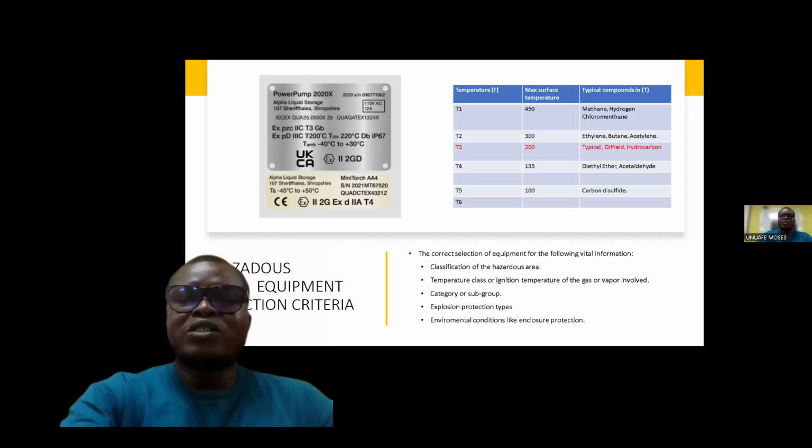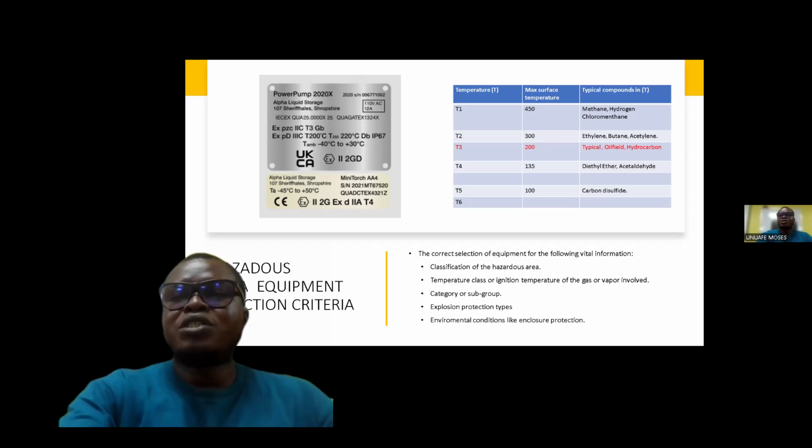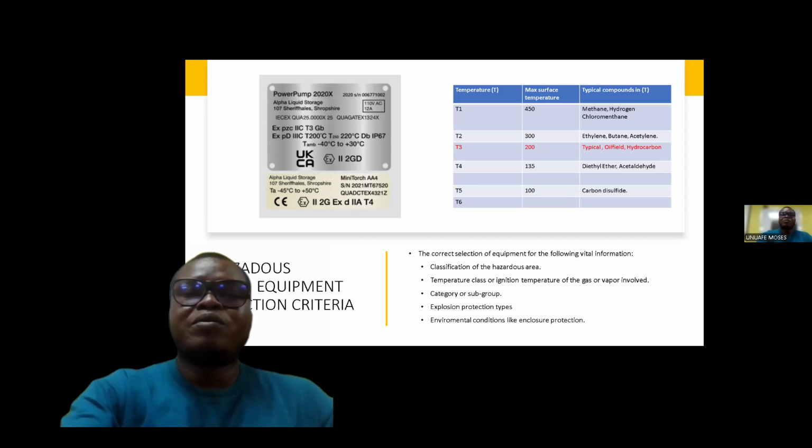Knowing fully well from our table that T1 is 450 degrees centigrade for methane and hydrogen. So we have T1, and the maximum temperature is 490 degree, which is less than what? 450 degree.